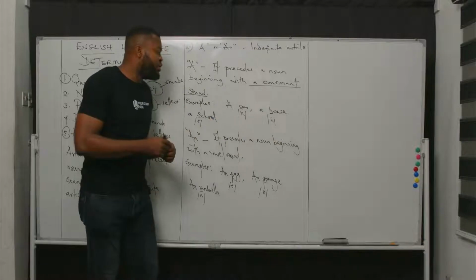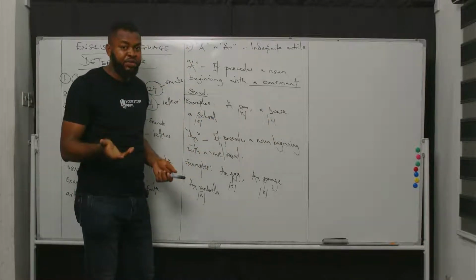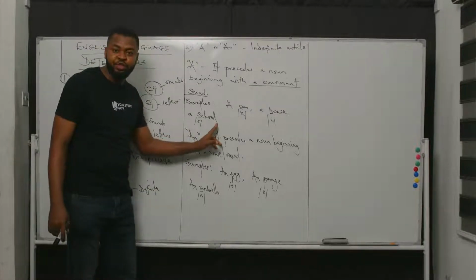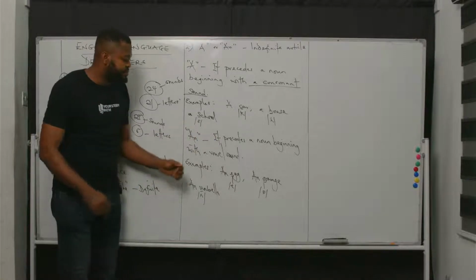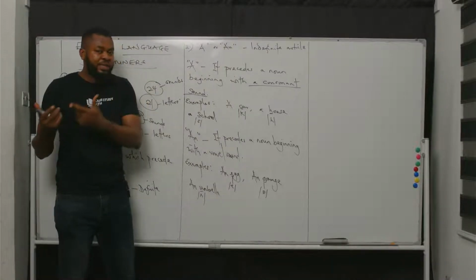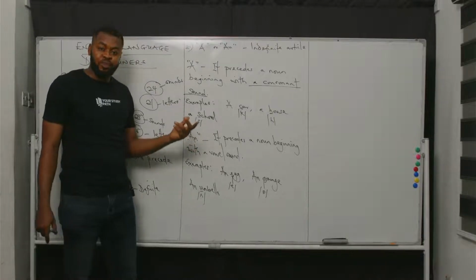So what do you observe? The letter H here is a consonant sound and it is produced or pronounced. Look at the third one, a school. Do you see that now? So in this case, you can see that S is the consonant sound there. It is the voiceless consonant sound, as you can see, S, and it is produced or pronounced.